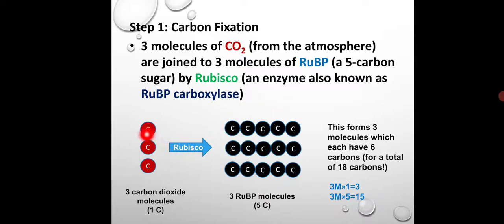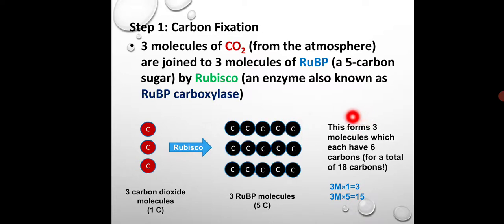Let's understand again diagrammatically. See, we have 3 carbons. Where do the 3 carbons come from? From 3 carbon dioxide molecules. So from 3 molecules of atmospheric carbon dioxide, how many carbons? 1 carbon from the first, 1 from the second, 1 from the third, so we have 3 carbons. This combines with 3 molecules of RuBP sugar, which contains 5 carbon.